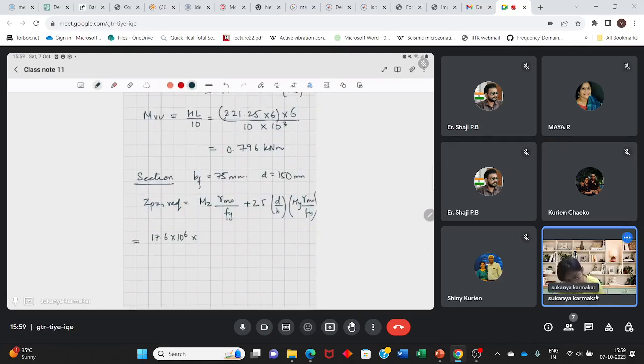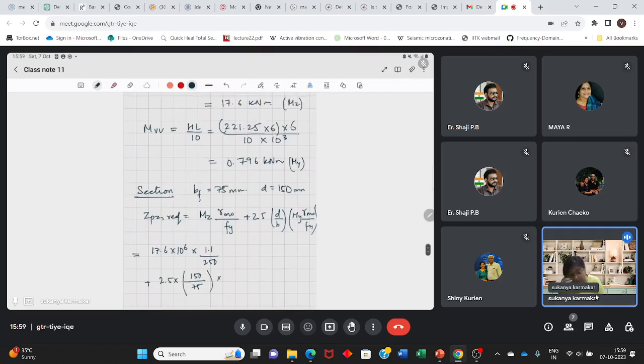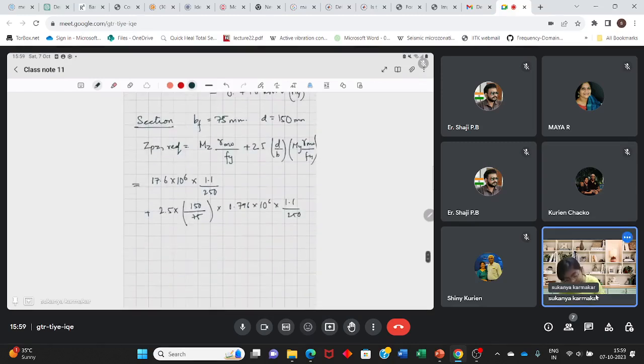Gamma M0 is 1.1 by 250 plus 2.5 into D is 150, B is 75, into My, that is the moment about the weaker axis, 0.796 into 10 to the power 6 into gamma M0 is 1.1 by 250. So ZPZ required comes out to be 94.85 into 10 to the power 3 mm cubed.